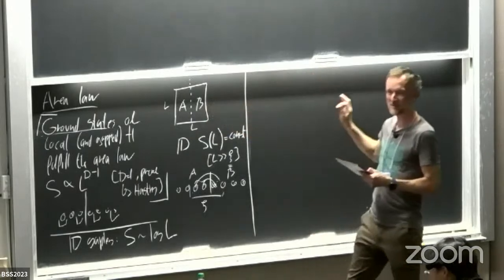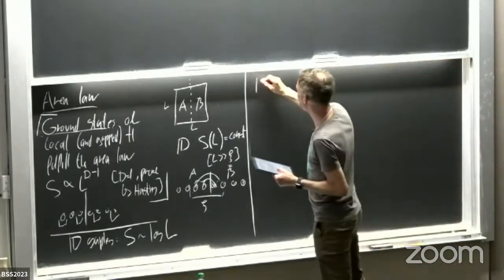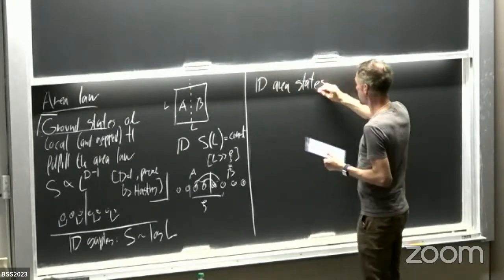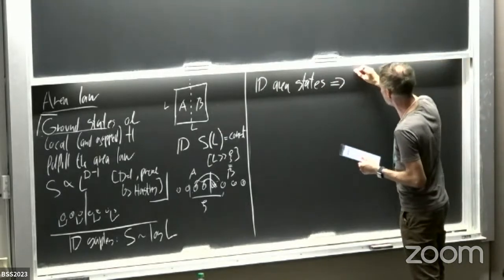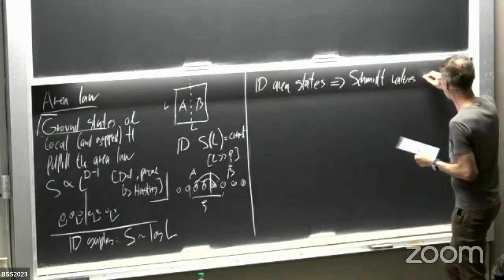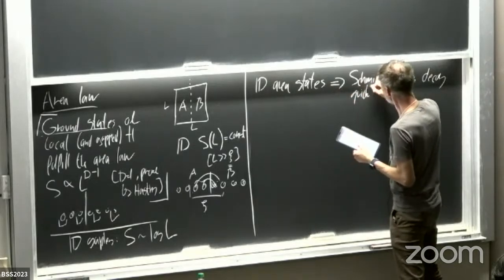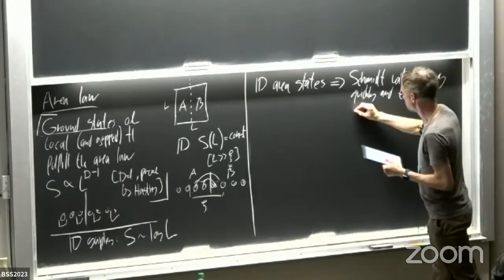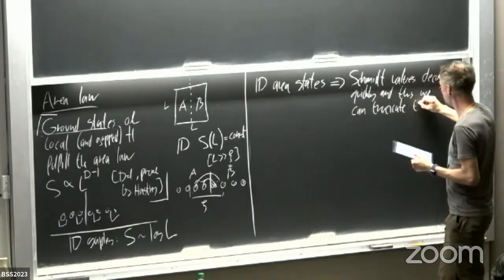and now I want to make a statement that there's something special about area law states, because if you have 1D area law states, then we can argue and also prove, in fact, that the Schmidt values decay quickly, and thus we can truncate the sum.